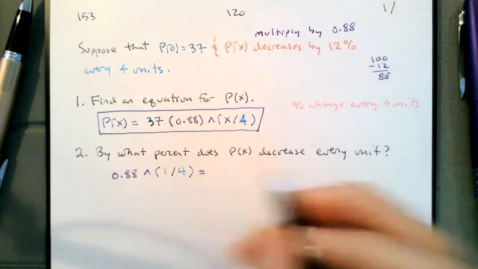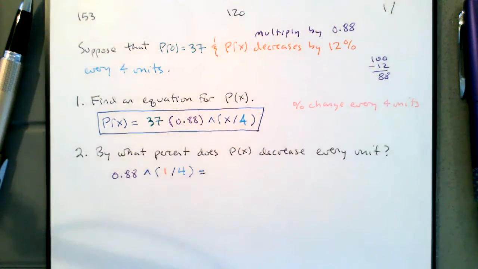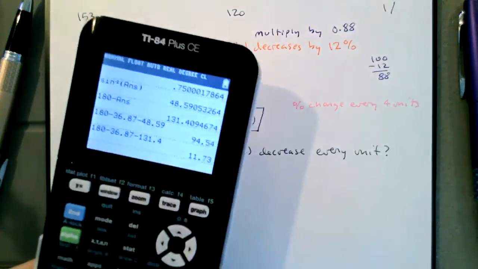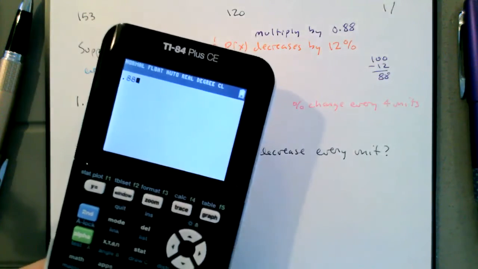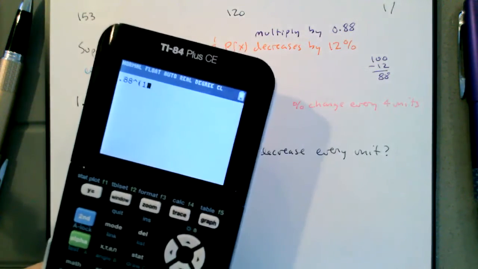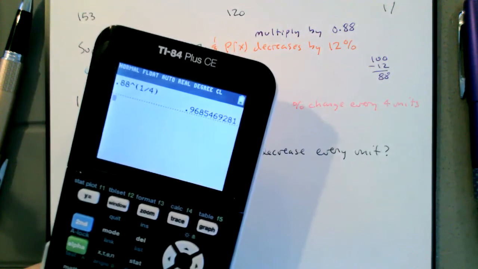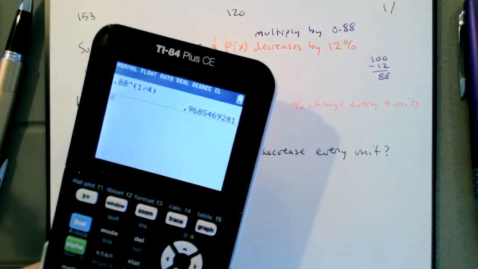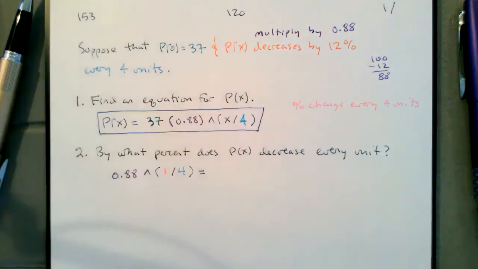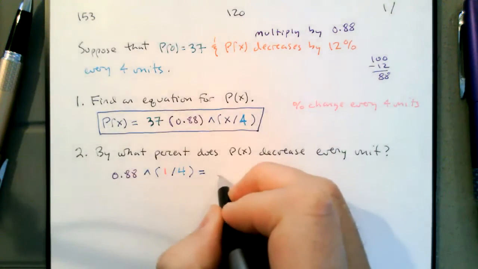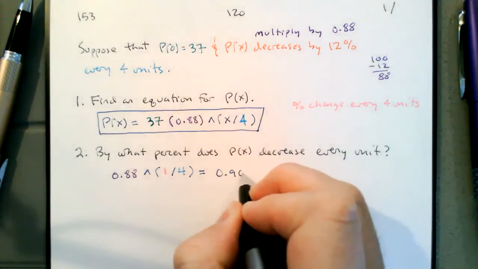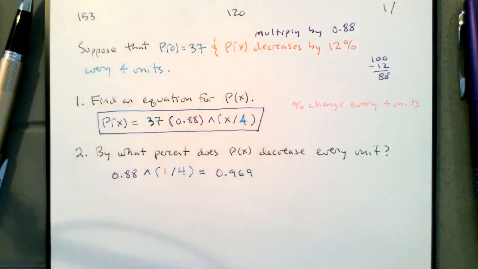And we just need a calculator to figure out the 4th root of 0.88. 0.88 to the parentheses 1 divided by 4, close parentheses, 0.968..., so we'll call it 0.969. This is the multiplier for every 1 unit.